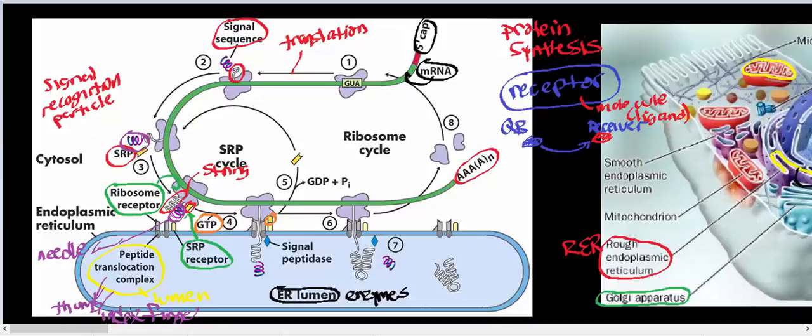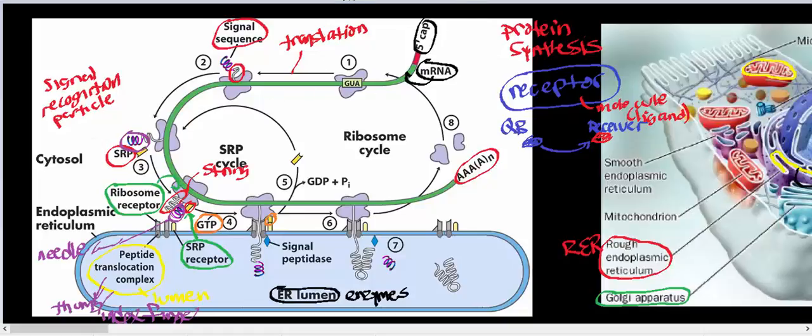Now, what do your thumb and index finger do? Well, they pull the needle through the cloth. You can think of the ER membrane as the cloth, right? So literally what the peptide translocation complex does is it grabs the signal sequence and starts pulling the protein into the rough ER lumen. Notice what we've done here.